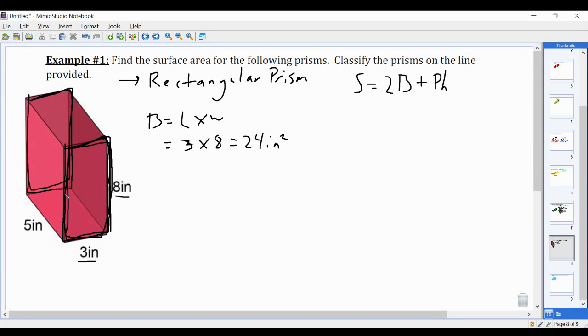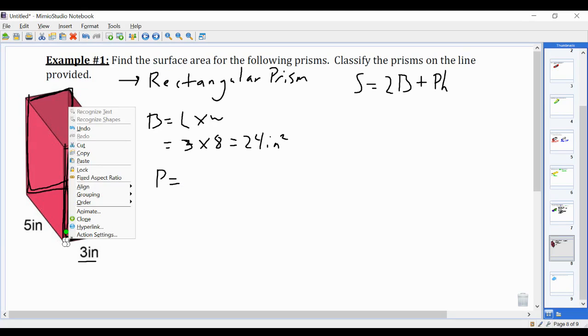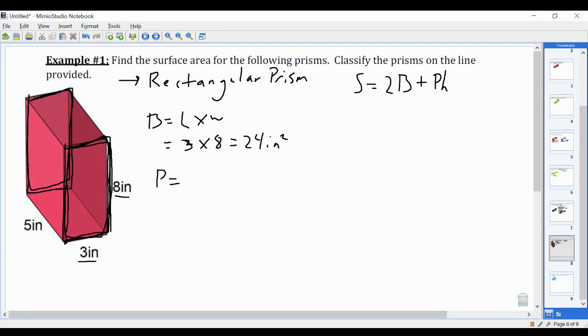We also need the perimeter of the base. So again, we start down here in this corner. We need to go across once, up, over, and around. So that's going to give us a perimeter of 3 plus 8 plus 3 plus 8.